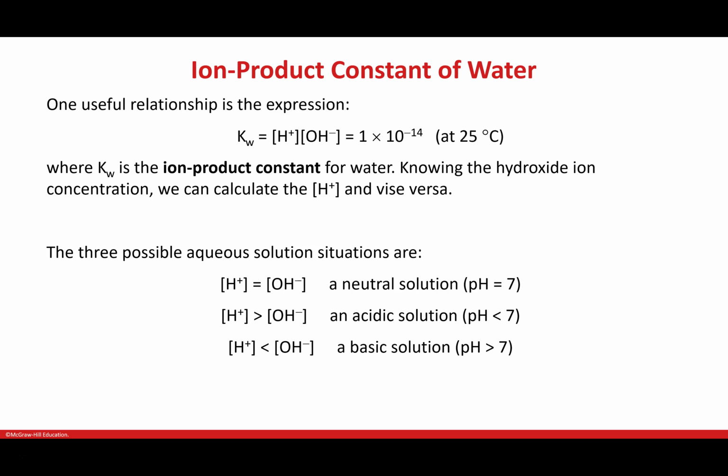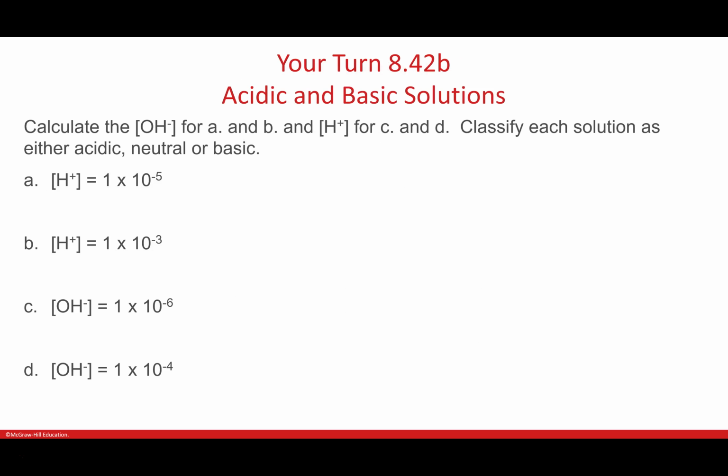Okay, so now back to this up here. For any aqueous solution, your H plus molar concentration and your OH minus molar concentration multiplied together is going to give you 1 times 10 to the negative 14.